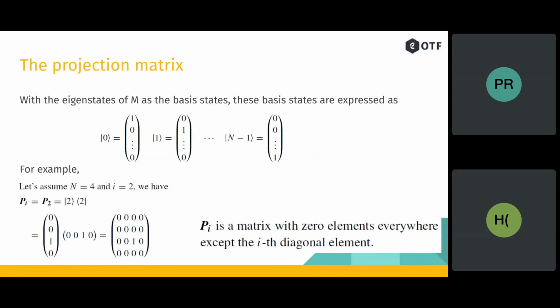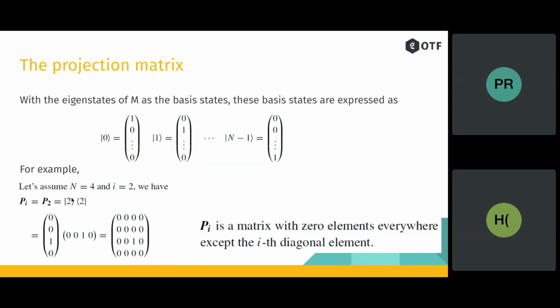So this ket 0 has 1 at the 0 level, lambda 0 being 1, lambda 1 being 1, up to lambda n minus 1 being 1. There is only one of the values which is 1, and the rest of them are 0. This is how the column vectors are represented for ket 0 to ket n minus 1.